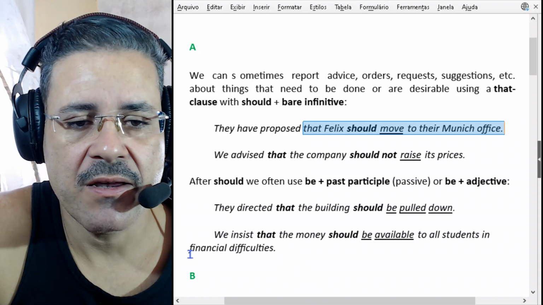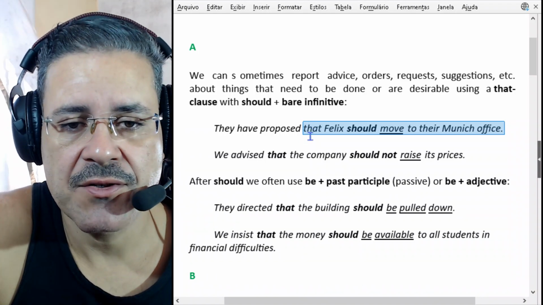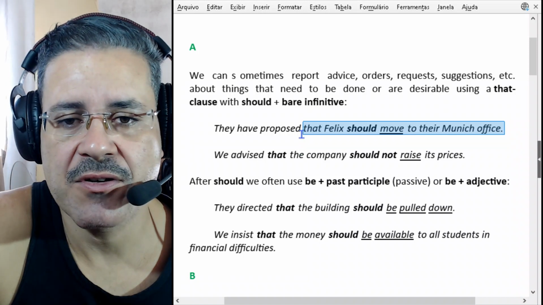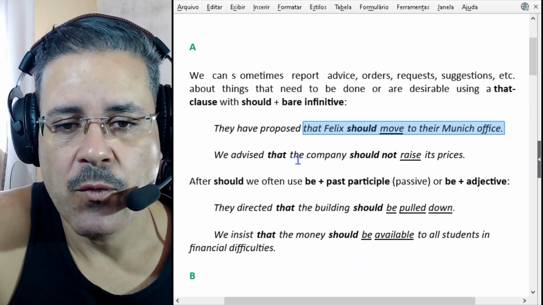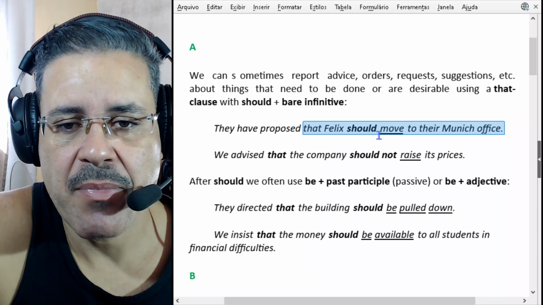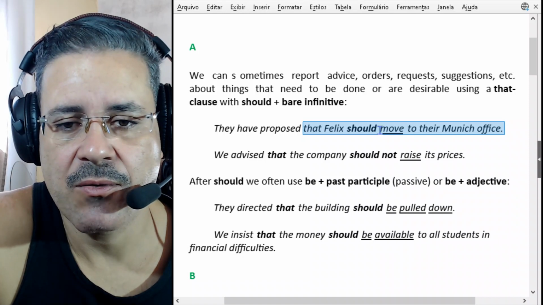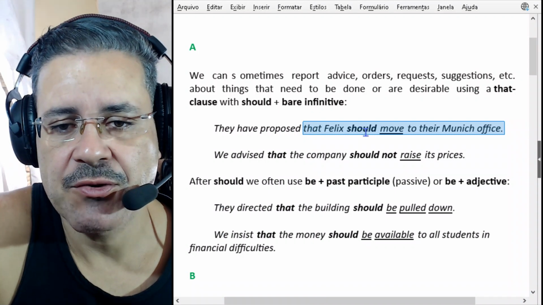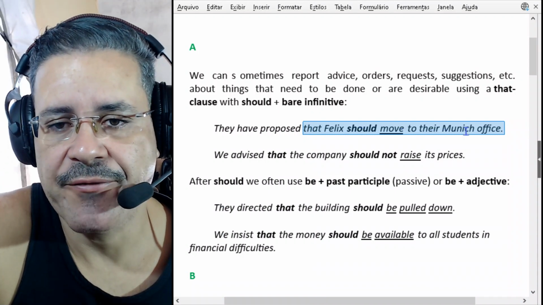So we say here, they have proposed that Felix should move to their Munich office. So we've got the that clause with should plus bare infinitive, so it's without to. They have proposed that Felix should move to their Munich office.